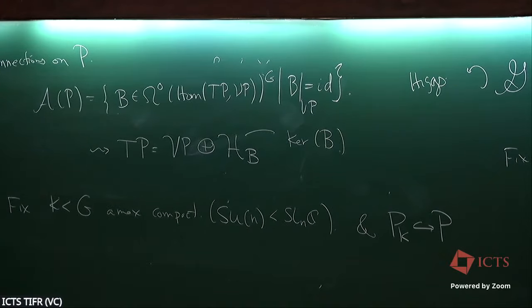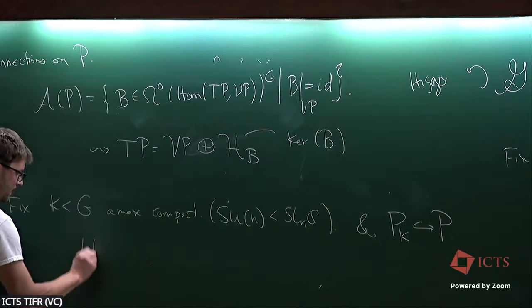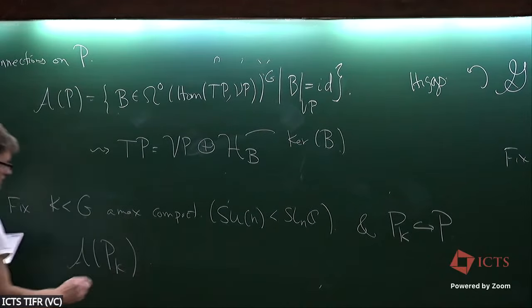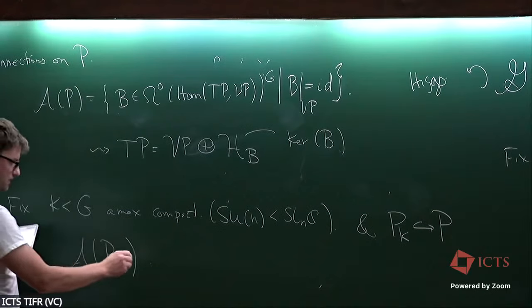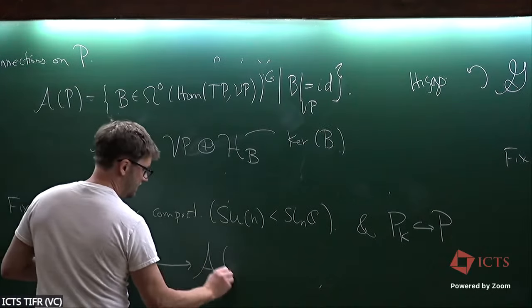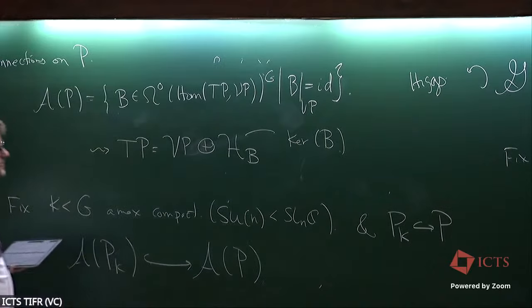You can always do this because G and K are homotopy equivalent. Good. And now I can look at the space of connections on the K bundle. These are the analog of unitary connections, and I can think of those as sitting inside, as special types of, G connections.